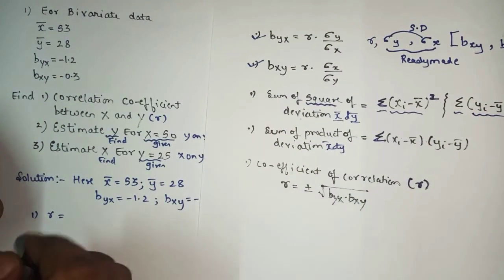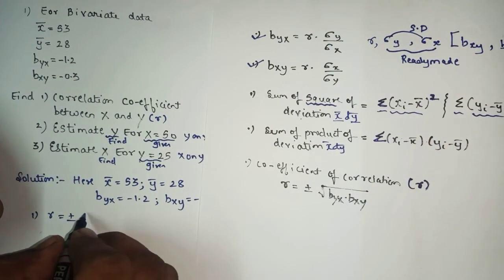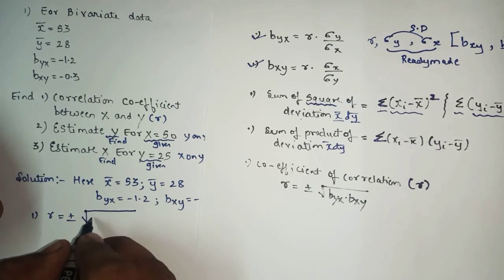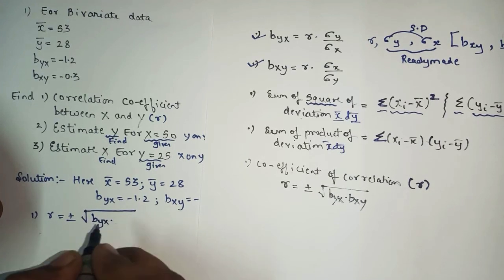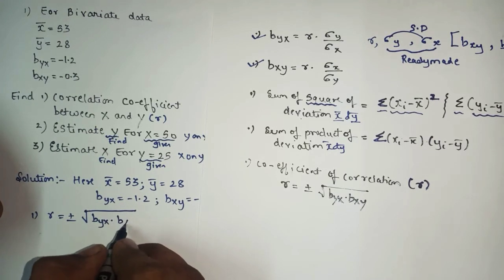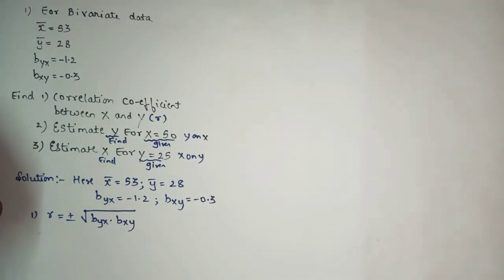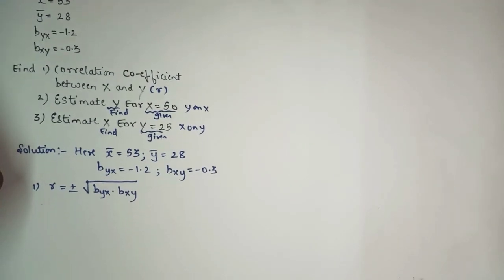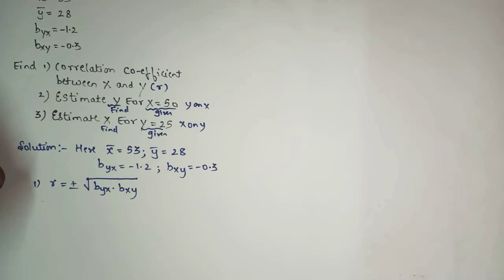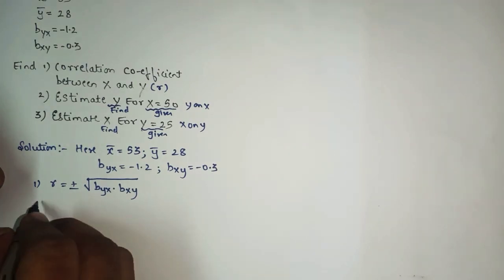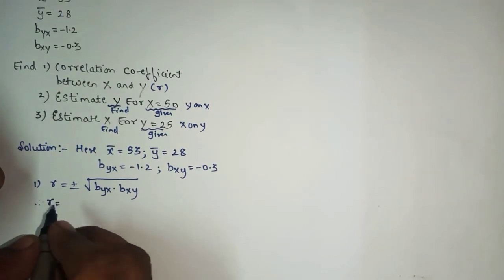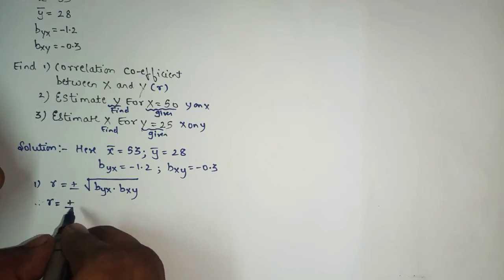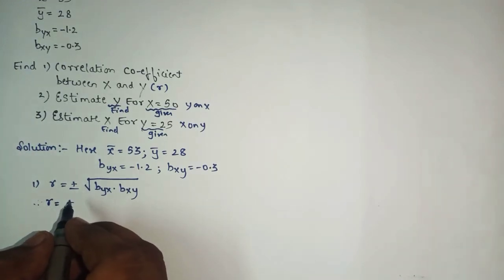So the formula for r, we know that it is r equals plus minus square root of byx into bxy. Yes or no? Now we'll substitute the value here. The answer will be either plus or minus.